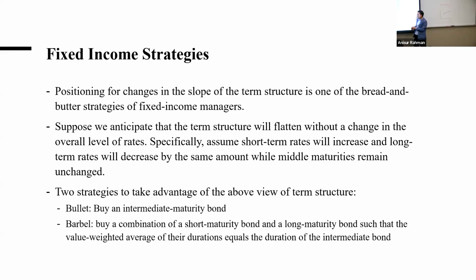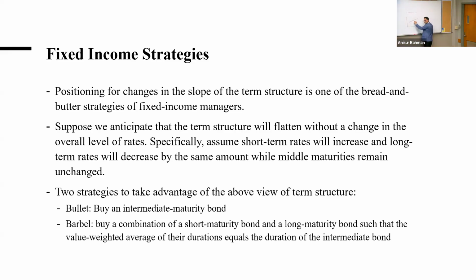But another strategy is barbell. Like you go to the gym, right? You have barbell. They're saying buy a combination of a short maturity bond and a long maturity bond such that the value weighted average of their durations equal the duration of the intermediate bond. So you have, let's say, one short maturity bond here, another long maturity bond here, right?